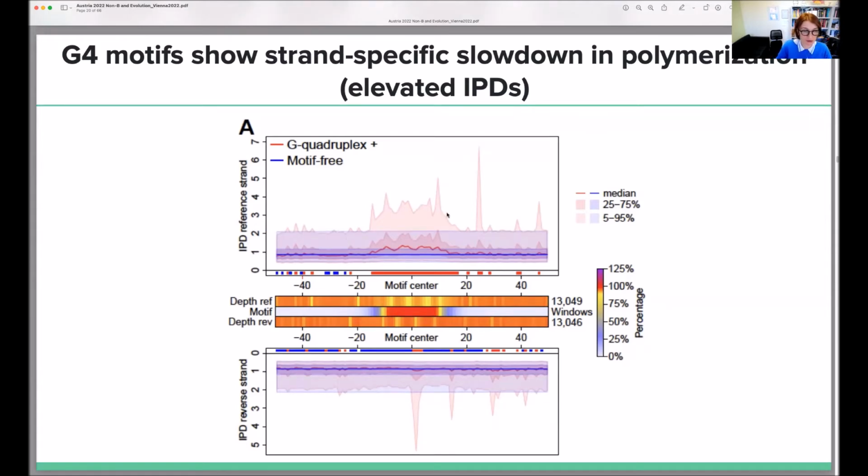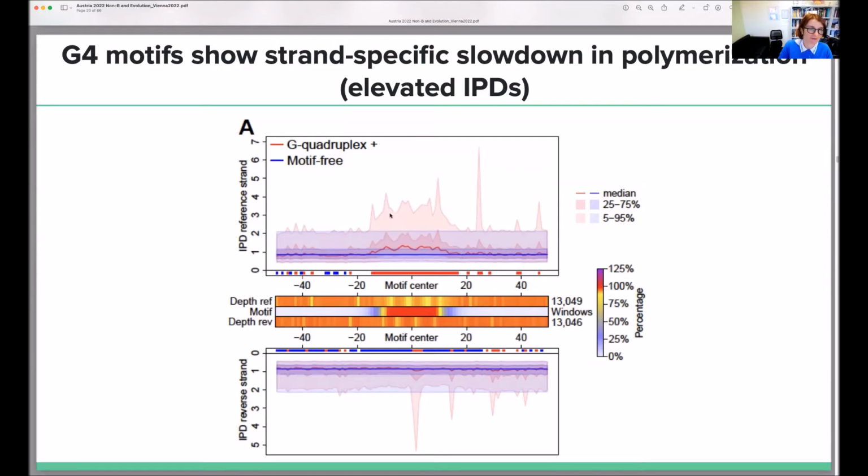Now this is not an example anymore. This is real data. The distribution in red is for G quadruplexes, and in blue it's control. And you can see that the distribution of the timing of incorporation of nucleotides for G quadruplexes is significantly different than it is for control.